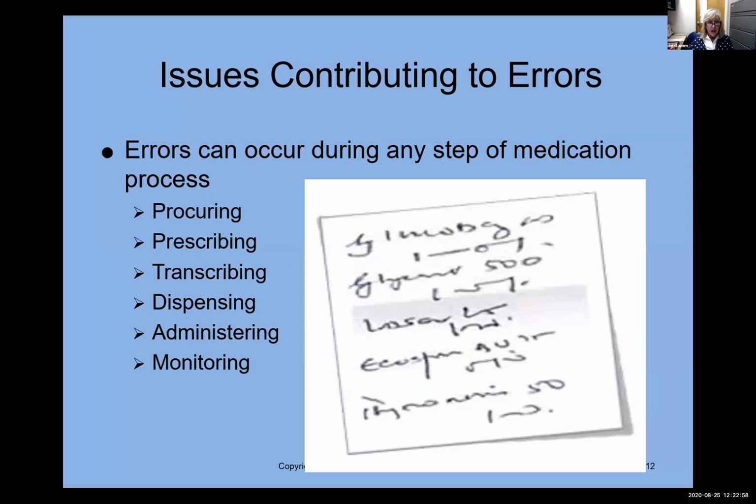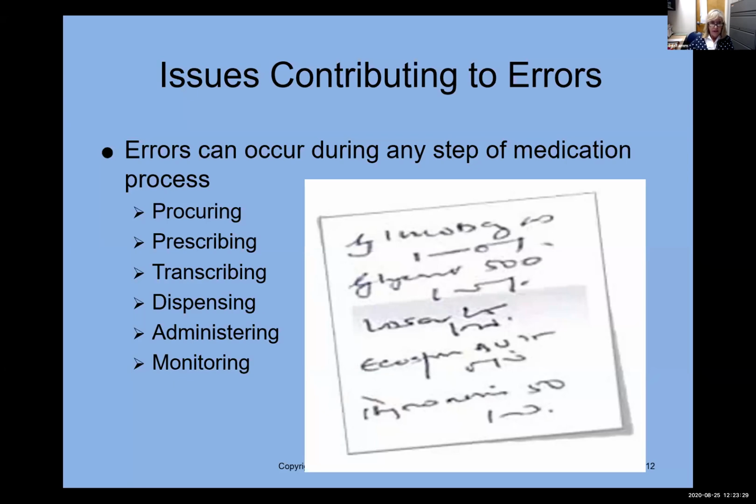Medication errors can also occur during any step of the medication process. So look at all the steps involved in giving a patient a tablet of acetaminophen, a Tylenol pill. Look at all of the steps. Each of these steps involves humans. So there is a risk whenever you have someone touching something or someone involved that an error is going to occur.